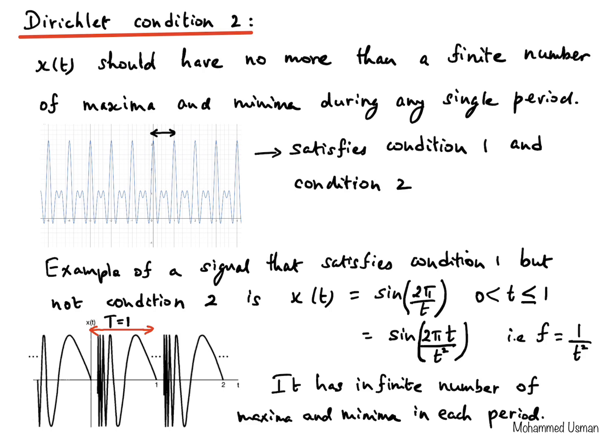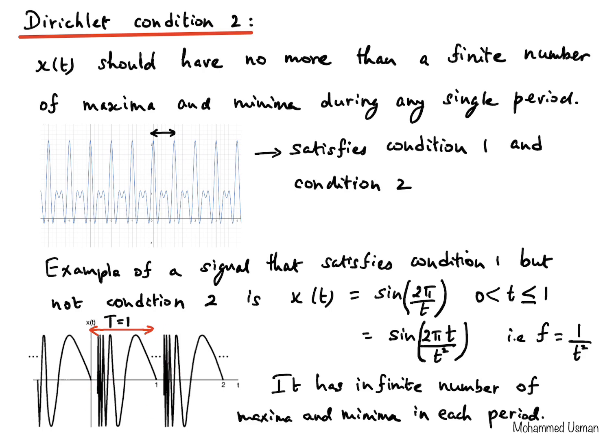So therefore, this signal violates the second Dirichlet condition. Okay, even though it satisfies the first condition, that it is absolutely integrable within one period. So if we integrate the signal over one period, it will give us a finite value, because the positive and negative cycles will cancel out, resulting in a finite value for the integral over one period.